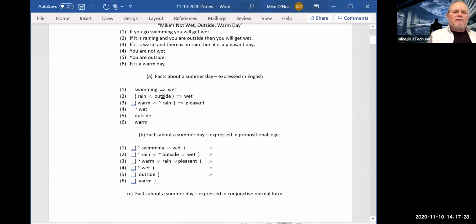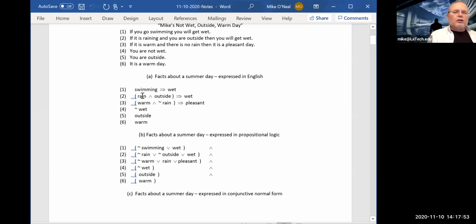Okay, so these 6 statements can be roughly converted into propositional logical statements. I could have used P's and Q's and R's, but I'm using meaningful propositional variable names. So if you go swimming, you'll get wet is roughly swimming implies wet.